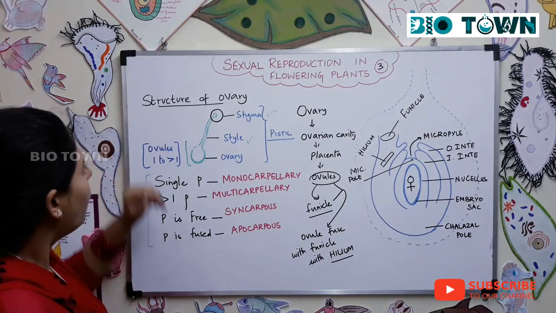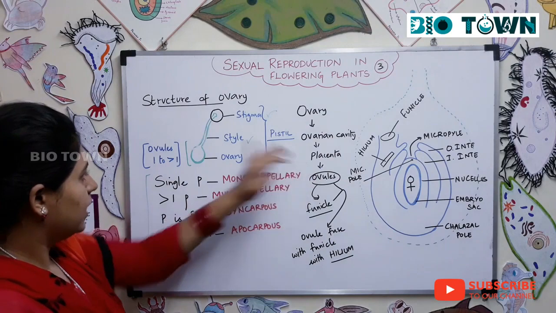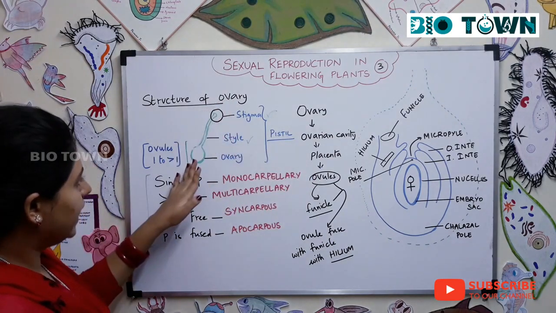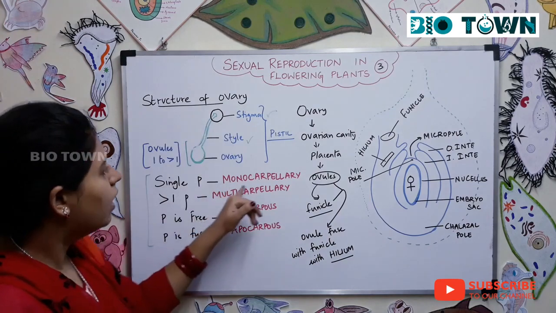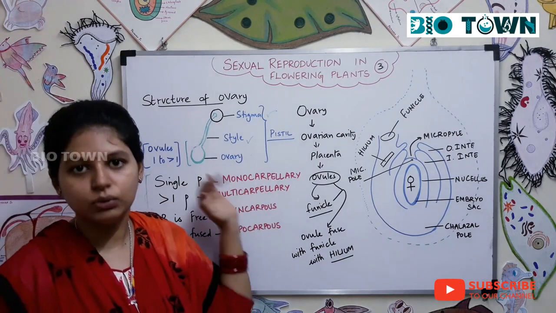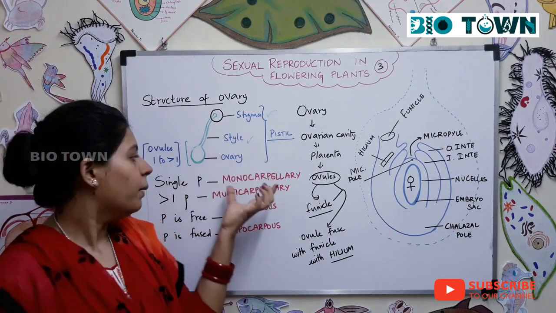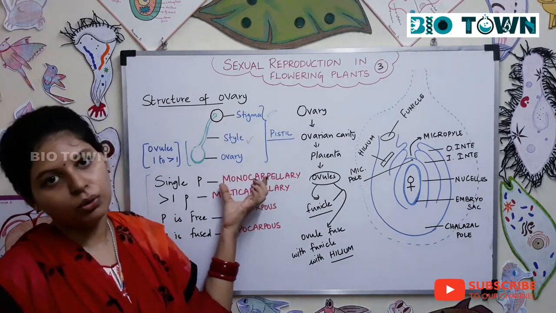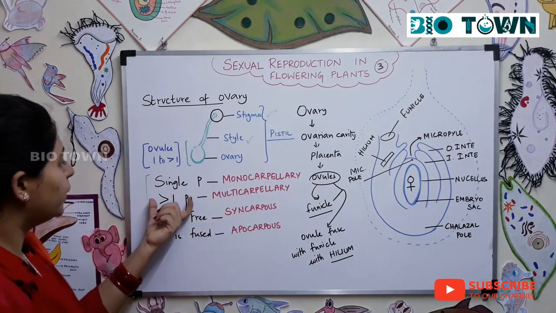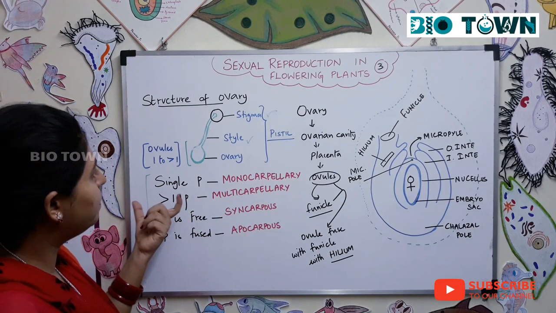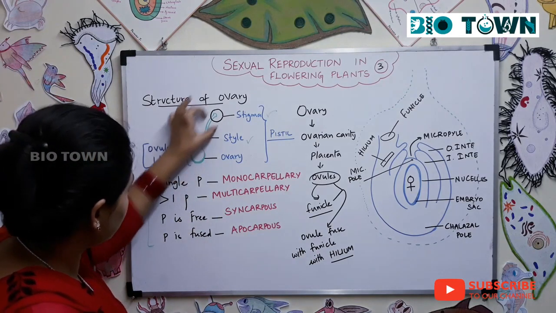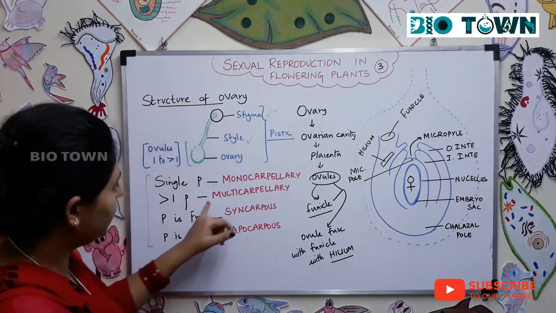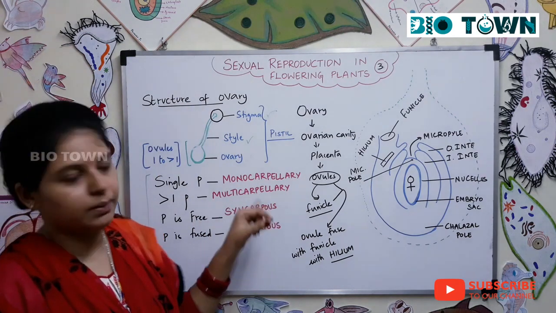First, when this pistil is isolated, with an ovary, style and stigma, you call it monocarpellary. You indicate this condition with the term monocarpellary. Next, when you have more than one pistil, so when there are many such structures attached together, you call it multicarpellary.